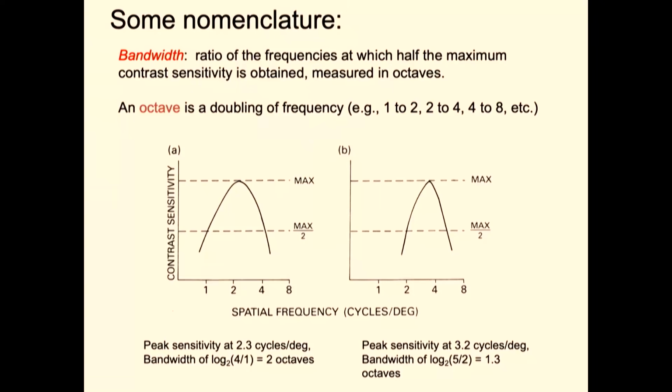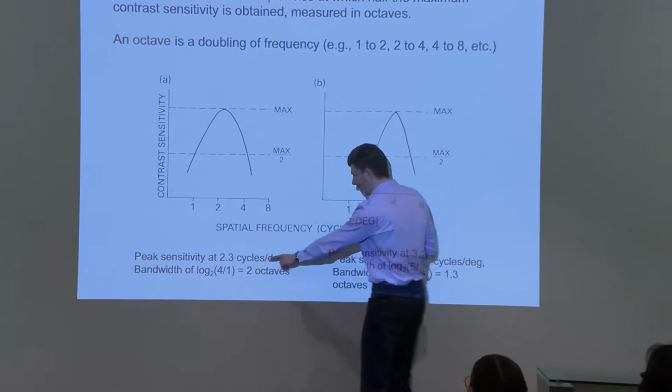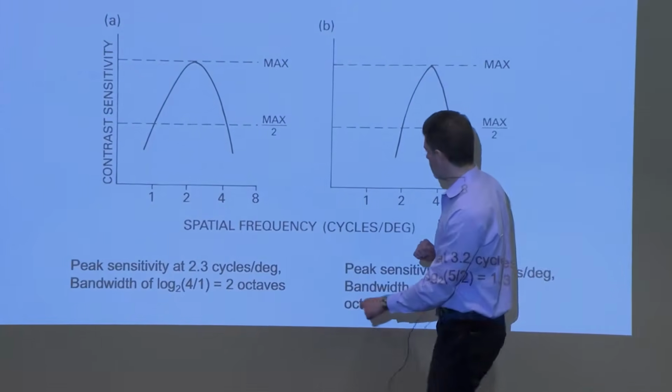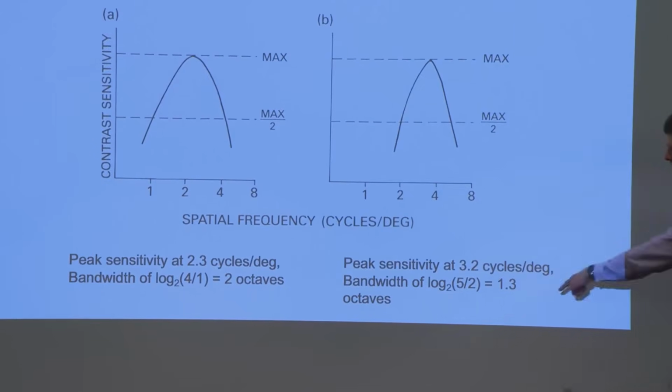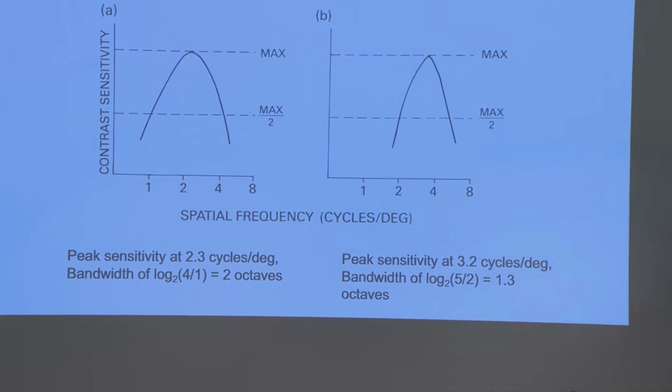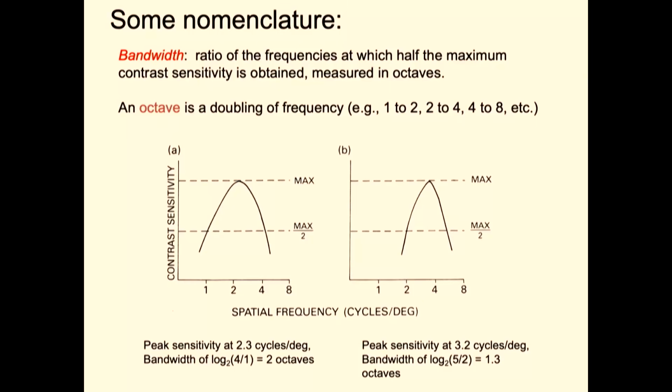So here's two examples of spatial frequency channels, and like you can see, this one here has got peak sensitivity at 2.3 cycles per degree and a bandwidth of about 2 octaves. This one's got a bandwidth of 1.3 octaves. In general, the spatial frequency channels that you see in the visual system are wider than the filters of the cochlea.